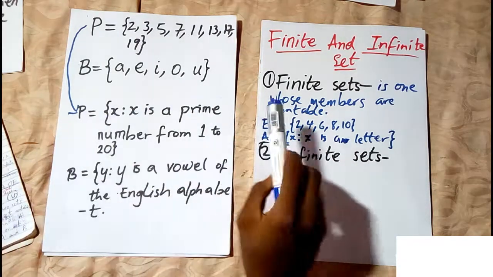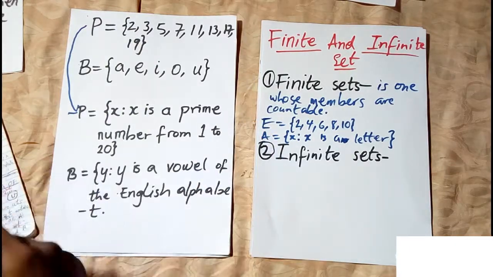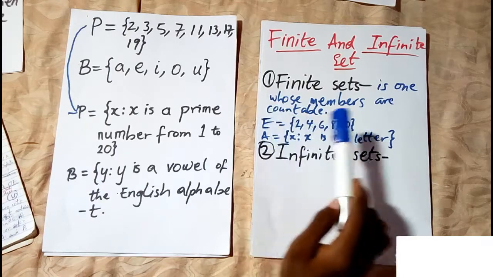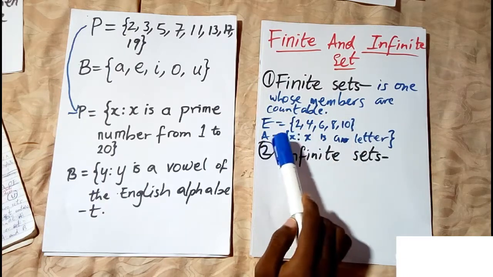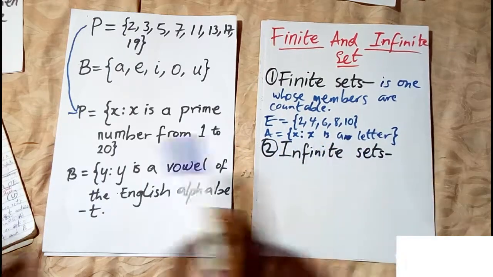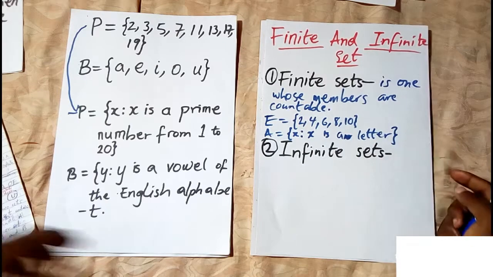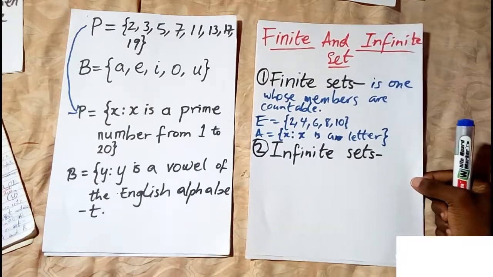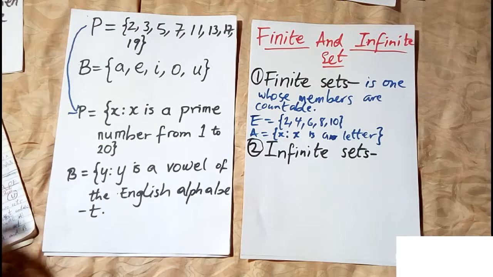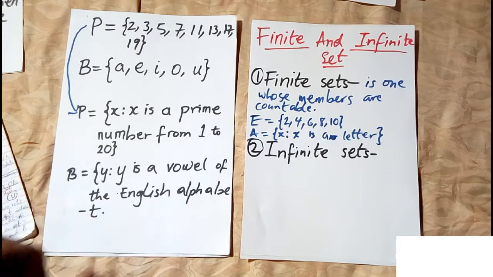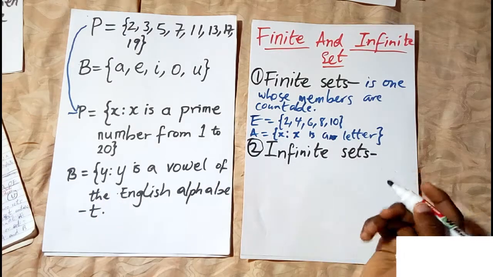So we have E, a set of even numbers. We have another set here, a set of the letters of the English alphabet. So that is the first type in this class, the finite set. A finite set is a set whose members are countable.